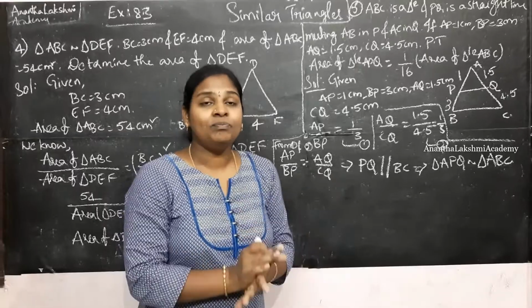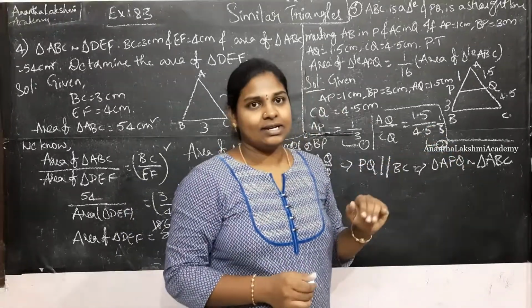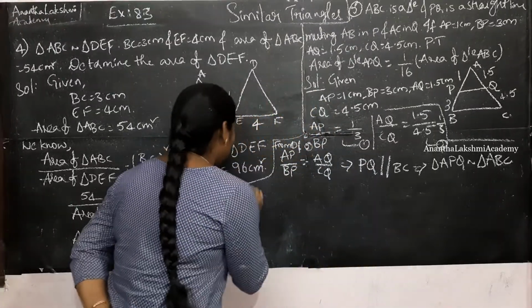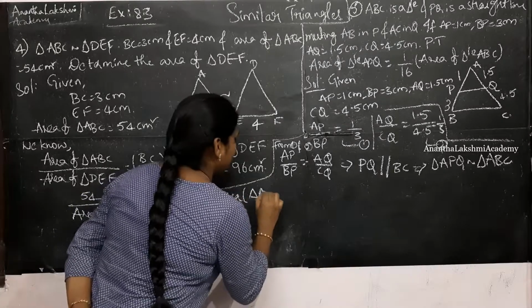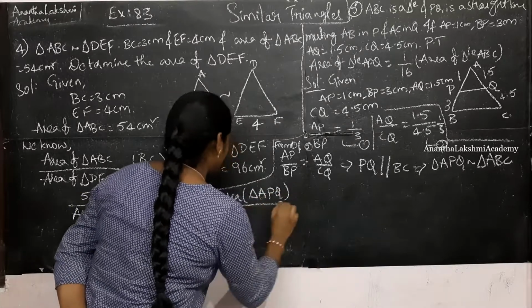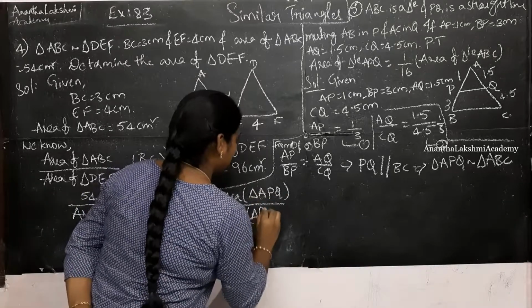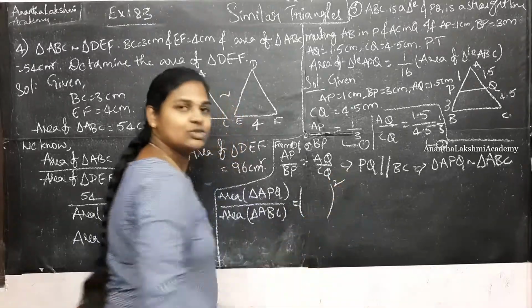Now that we know they are similar, for similar triangles we know the area formula, right? So, area of triangle APQ by area of triangle ABC is nothing but the ratio of corresponding sides squared.